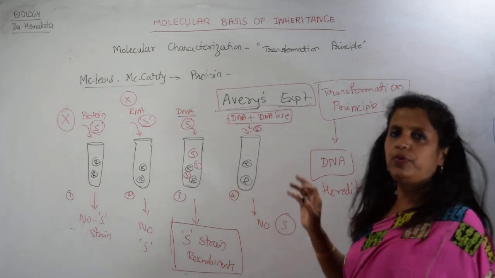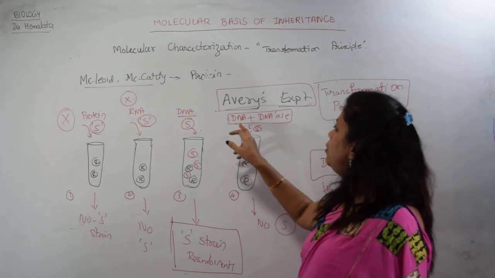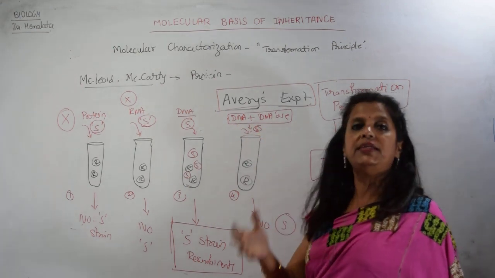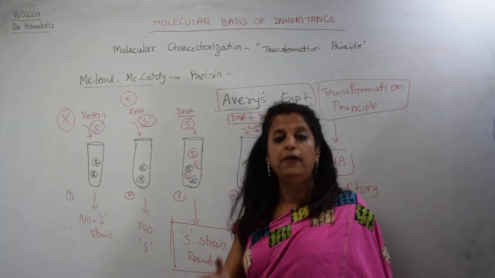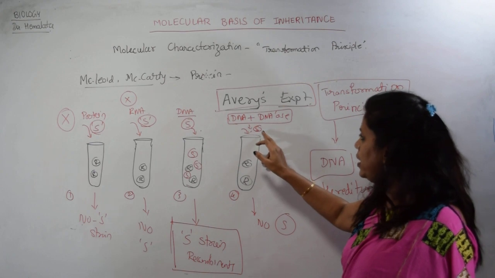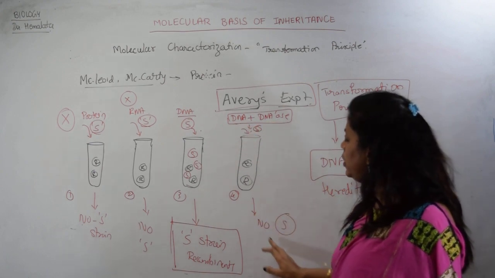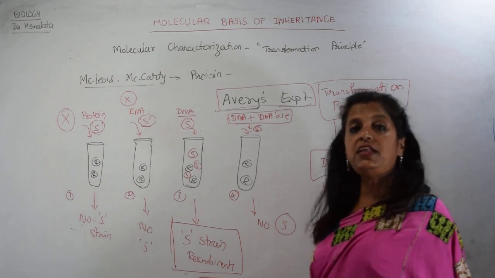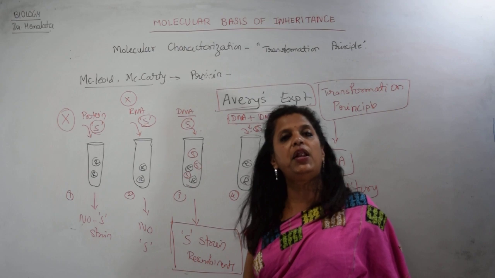But the last one proves 100% that only DNA was involved, where he took DNA along with the DNase enzyme. DNase enzymes are those enzymes that break down DNA; they kill DNA. When DNA with the DNase enzyme was added, there were no S strains, meaning that if there is no DNA, there is no genetic transfer, no transformation principle happening.